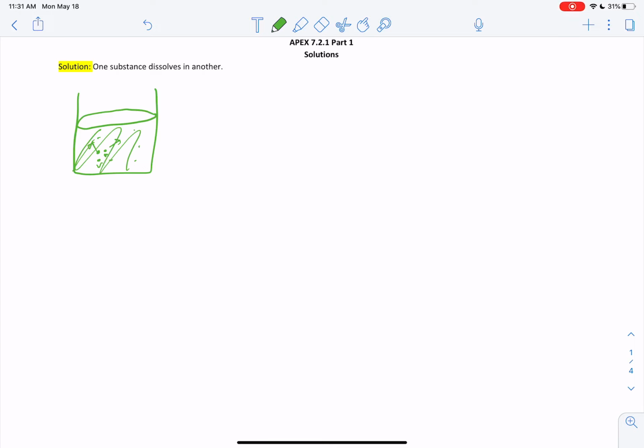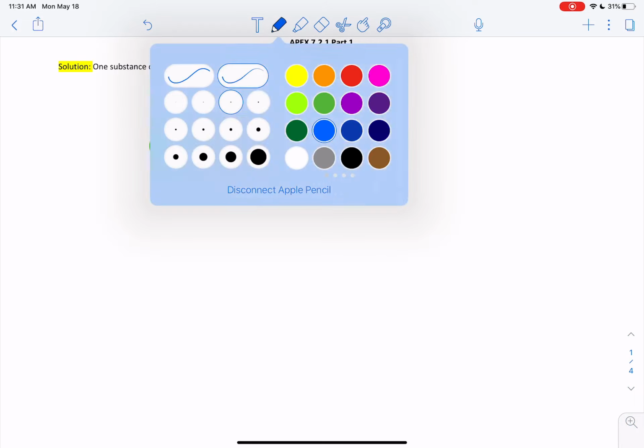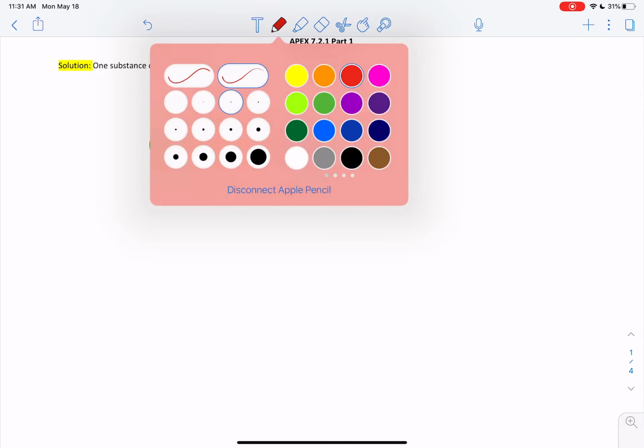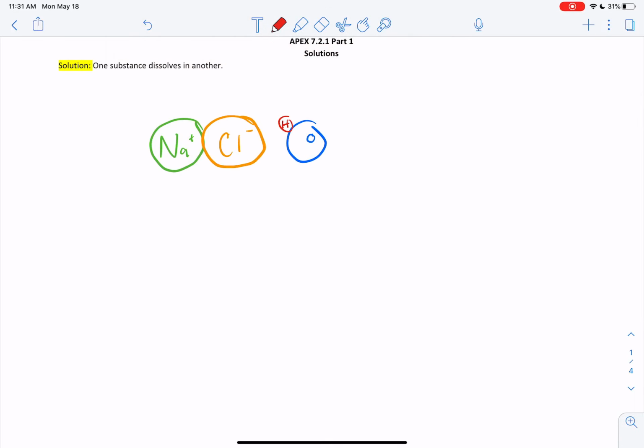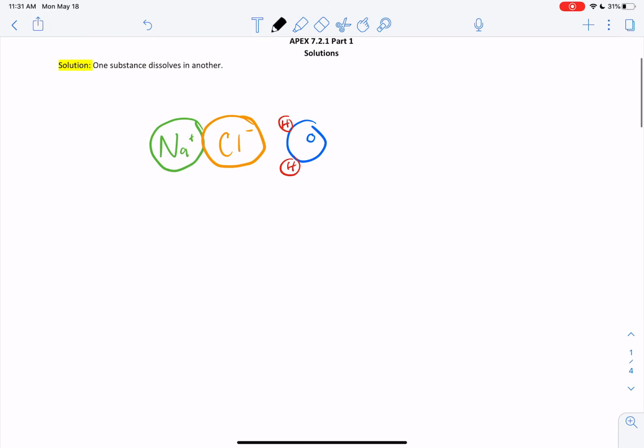Okay, so I want to talk about how this is happening at a molecular level. So let's look at that. Okay, so we know salt is sodium chloride. So we have a sodium ion and a chloride ion. We also have a whole bunch of water molecules. Now, we know that water is a polar molecule, and that means it has a partial positive charge and a partial negative charge.